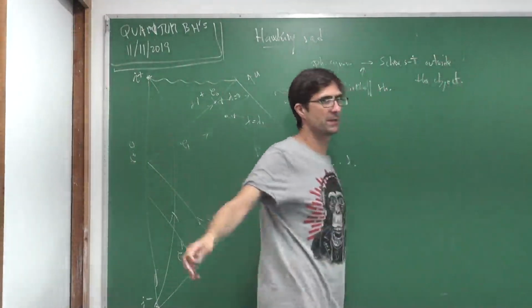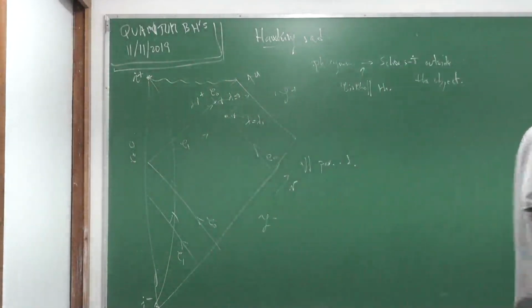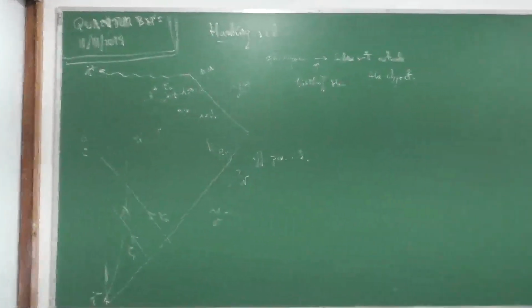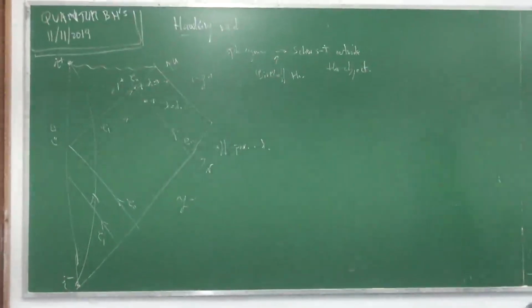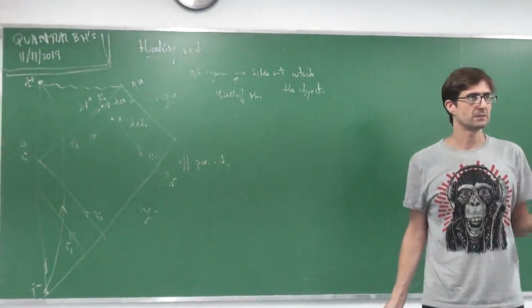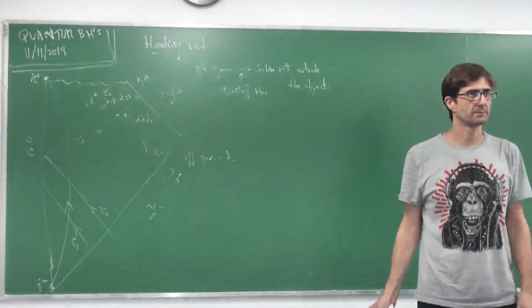I call it object because at early times it's a star, and later on it's a black hole. Whether it's a black hole or a star, it's spherically symmetric, and so outside it, the spacetime is the Schwarzschild spacetime.